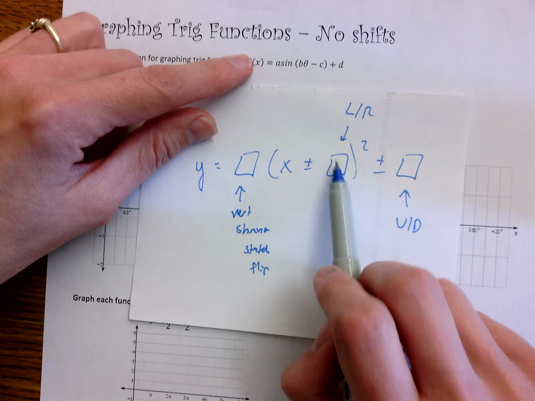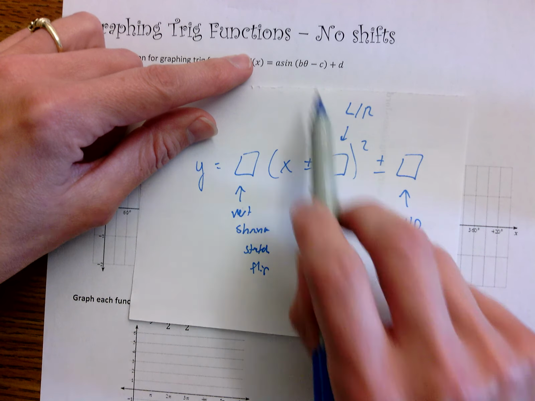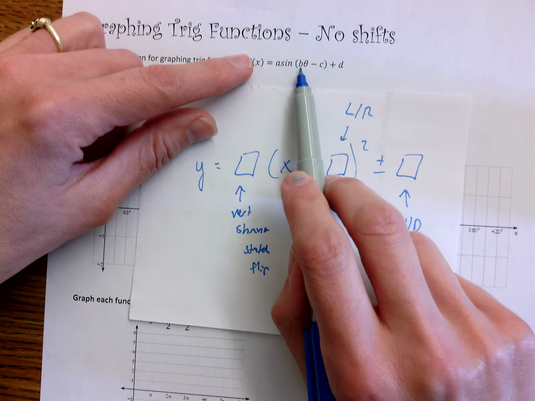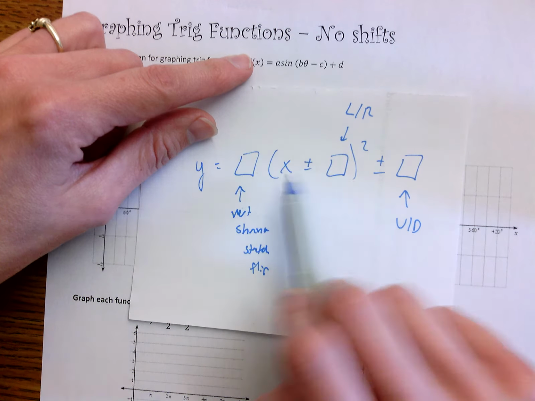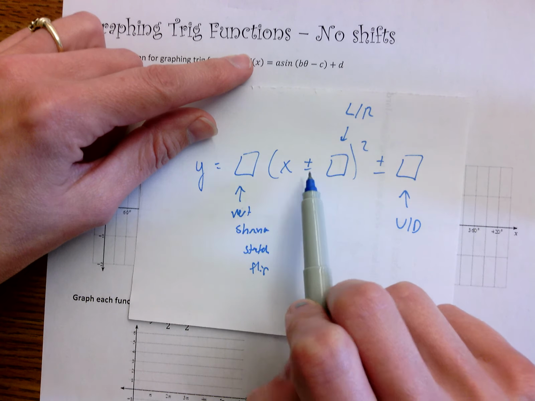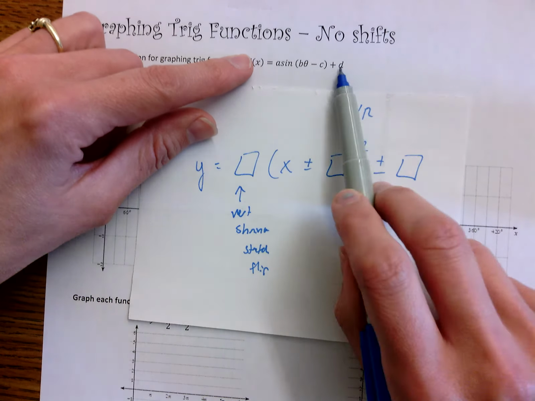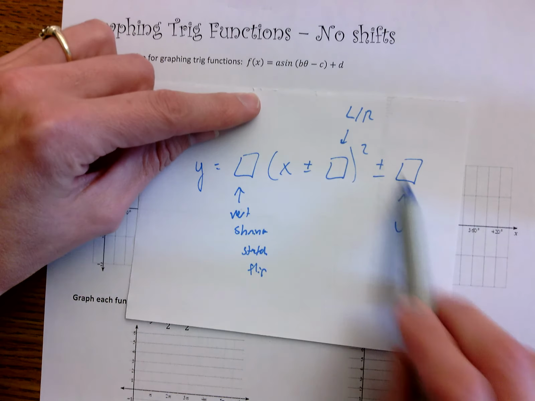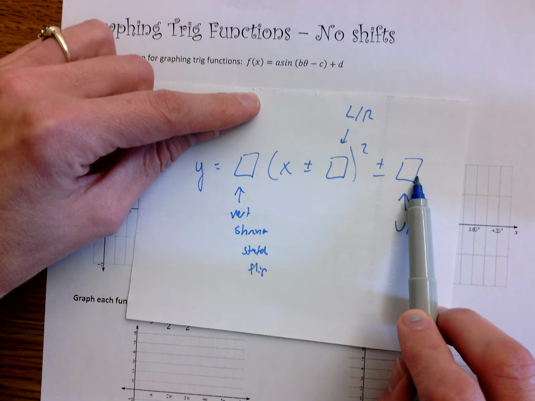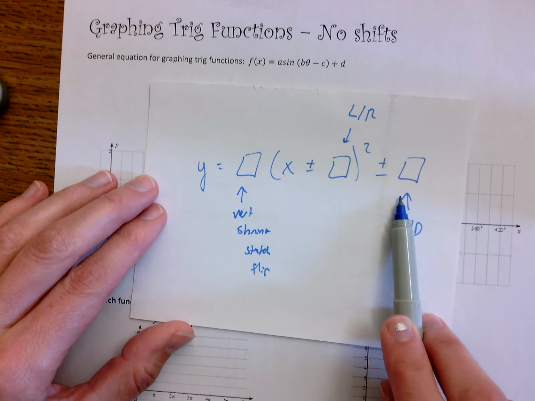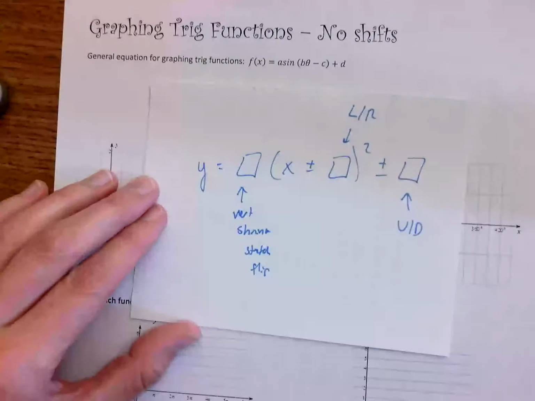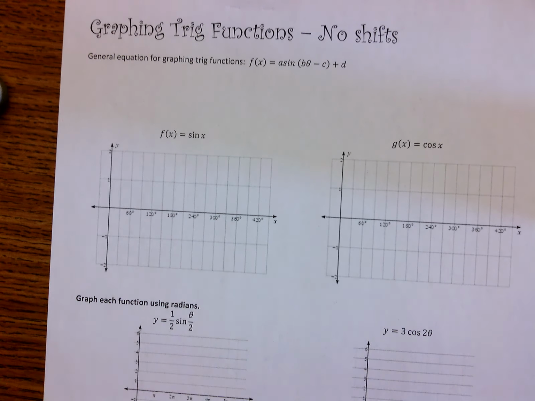When we look at this guy right here, this is your left or right shift. Similar thing here. The only difference is that we're dealing with B and we might not have dealt with that before. So that might be a little bit different, but it's the same concept. And then this is a vertical shift, just like how this was a vertical shift. So if you remember doing this from Algebra 2, then this is really the same thing. If you don't remember it, then you're going to learn it now.